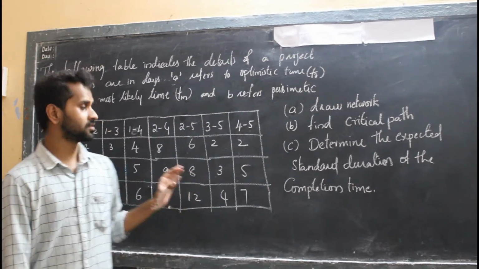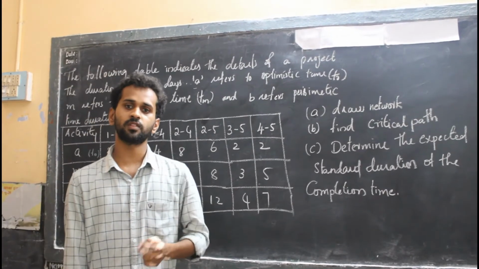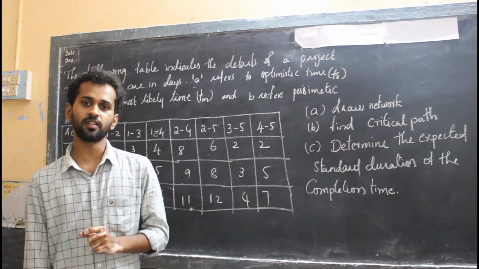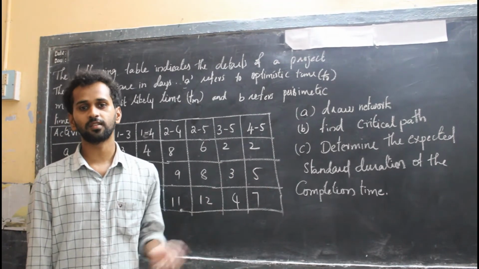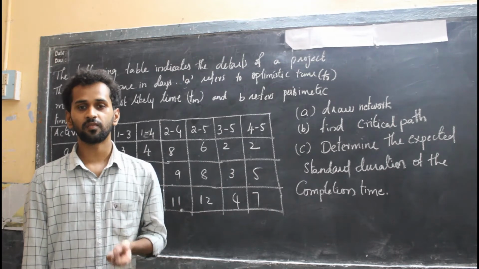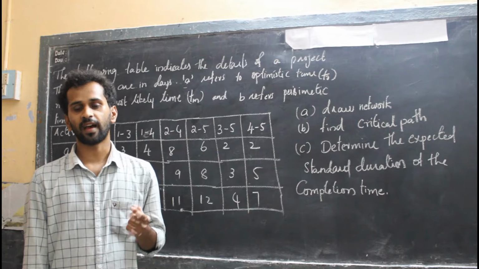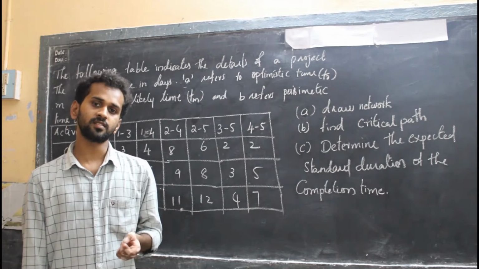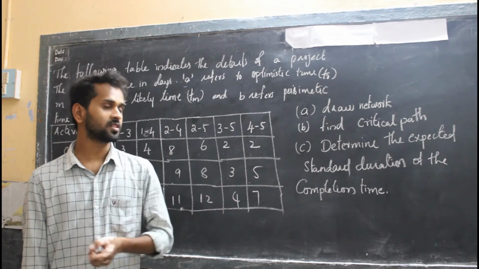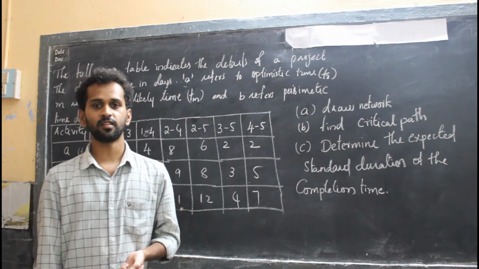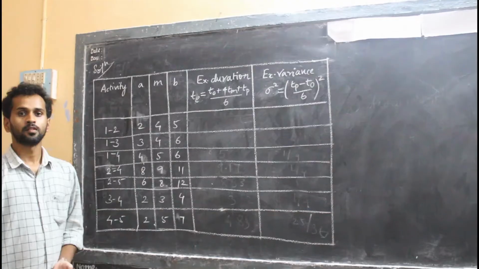By taking these values to the calculation table, first we need to find TE, the expected time for each activity. Based on TE, draw the network and find the critical path, which is the longest duration to complete this project, and add the critical activities' expected variances to get the standard duration of completion time. Is it clear? Now let us see the calculations.